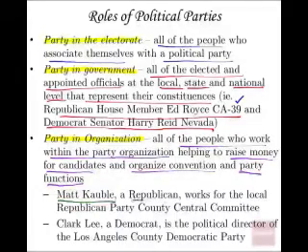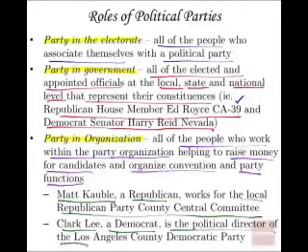He's a Republican, and he works for the local Republican Party Central Committee, where he helps organize Republican Party events. On the other side, you have an individual named Clark Lee, a Democrat, also a friend of mine, actually. He is the political director of the Los Angeles County Democratic Party.